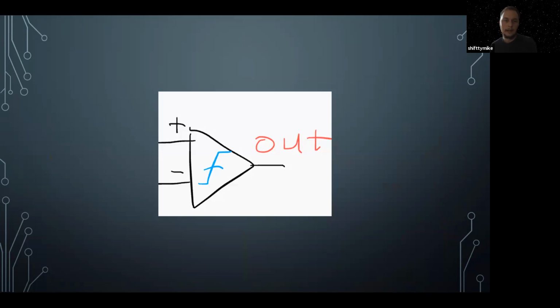So this is an analog comparator, and it's kind of a weird child of a digital and analog parent. And what it does is it takes a voltage on each of these pins, and it very simply says, if the positive voltage is more than the negative voltage, it outputs a 1 or a high voltage.